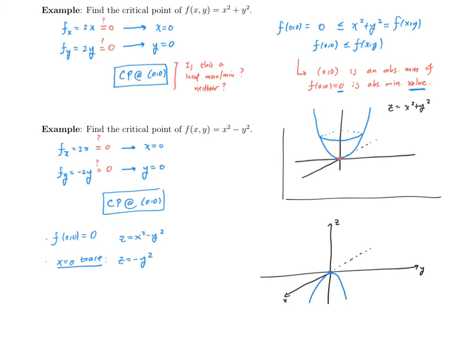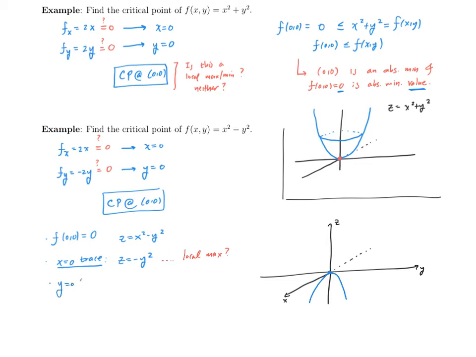So from this single x equals 0 trace, if we were to have a local max or a local minimum at our critical point of 0, 0, which one would it be? And yeah, I agree. If it is one or the other, it's going to have to be a local maximum from what we see. But hold on, let's look at another trace.